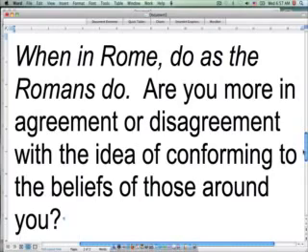So basically the essay question has a bit of background, which is a proverb. When in Rome, do as the Romans do. And the question itself reads, are you more in agreement or disagreement with the idea of conforming to the beliefs of those around you? Which is kind of a broad question, so in our response we'll have to narrow it a little bit.